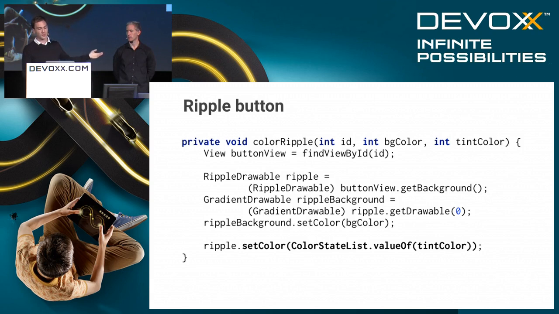You cast it to a GradientDrawable, and then you can call setColor on it to get the color you want. Of course, calling setColor would be too simple on the ripple drawable itself, because it expects a state list. So you use ColorStateList.valueOf, and you pass a single color. And if you want to have different colors based on the press state, on the focus state, then you could build your own state list. But it's pretty difficult to do from code.